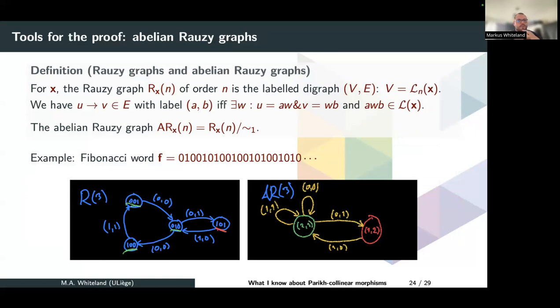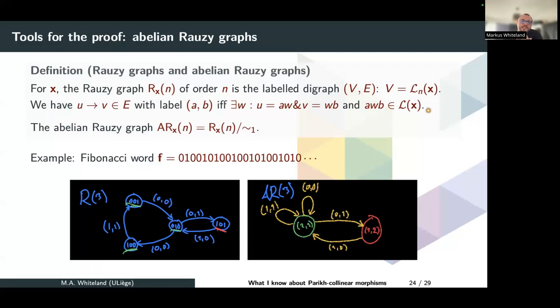So you have an infinite word x, and the Rauzy graph of order n is the labeled directed graph where the vertices are essentially the factors of length n, and you have an edge between two vertices with the label AB if there exists a word w such that the start vertex is Aw and the end vertex is wB, and you have that this word AwB is in the language.